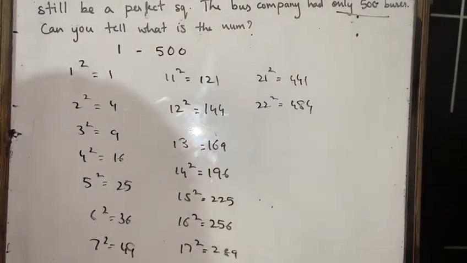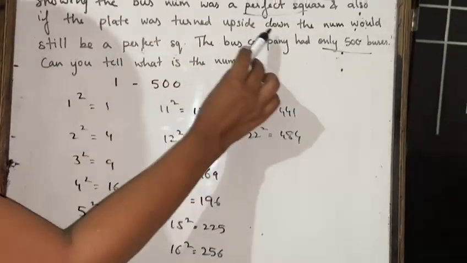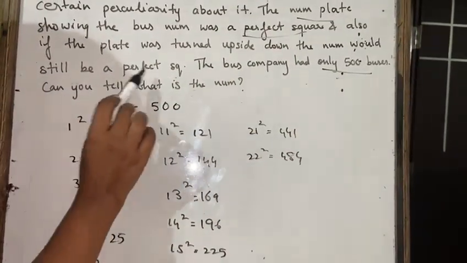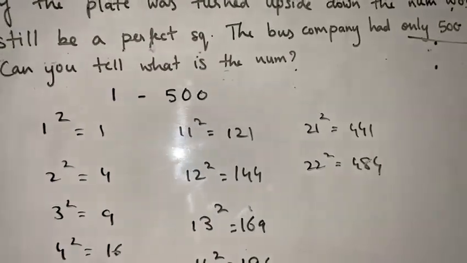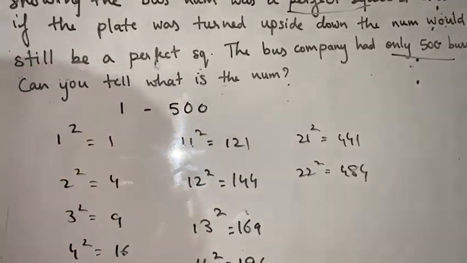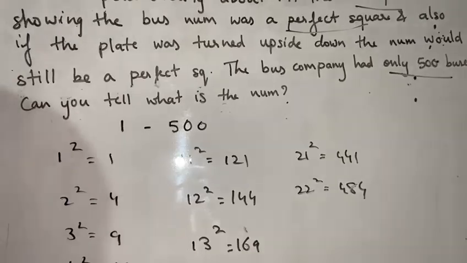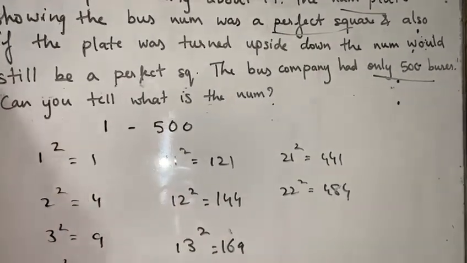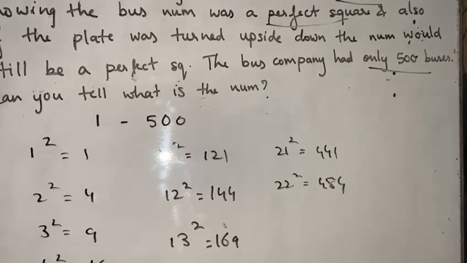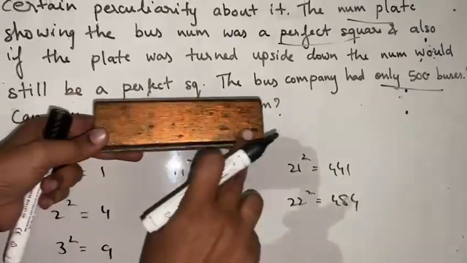Now it says that if the plate was turned upside down, the number would still be a perfect square. Even before we check whether it will be a perfect square or not, you should look at what happens if you tilt the number plate. Let's say this is the number plate.